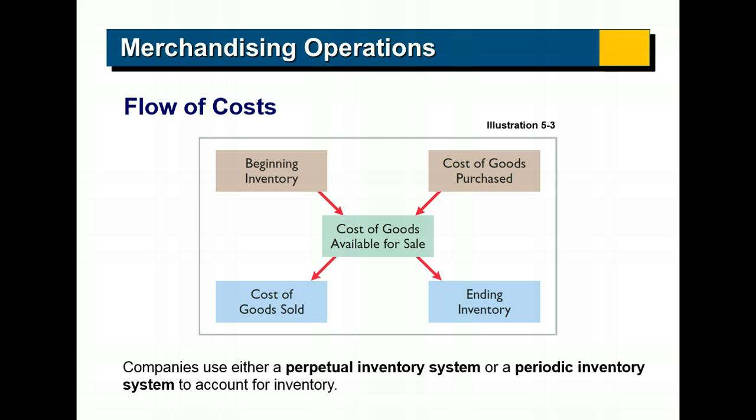So the flow is basically the beginning inventory, let's say, is $1,000. Purchases, let's say, are $8,000.